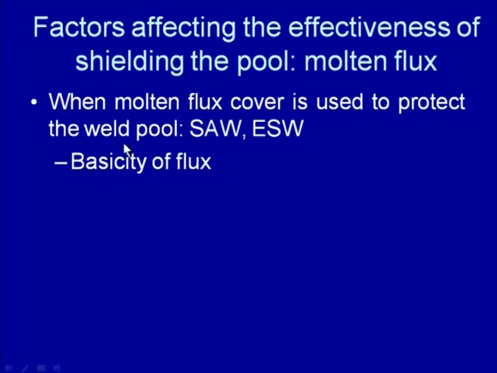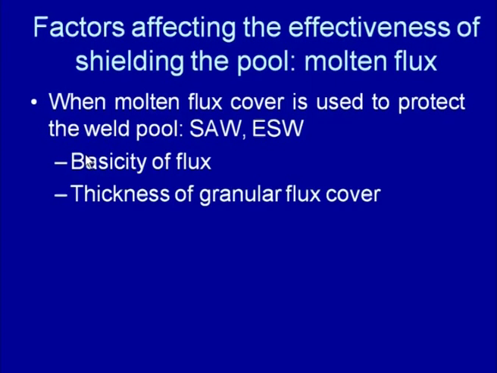In general, a basicity greater than 1 helps to reduce the oxygen content and the sulfur content in the weld metal. It is always considered to have the basicity around 1.2 to 1.4. Otherwise, lower basicity fluxes increase the oxygen presence in the weld pool.